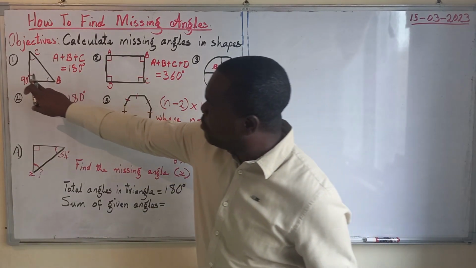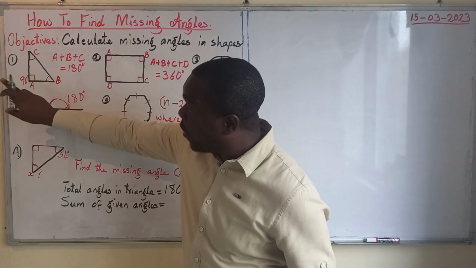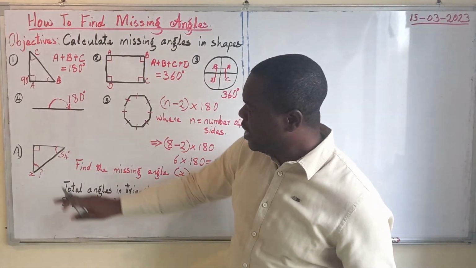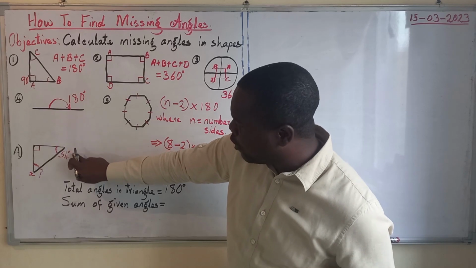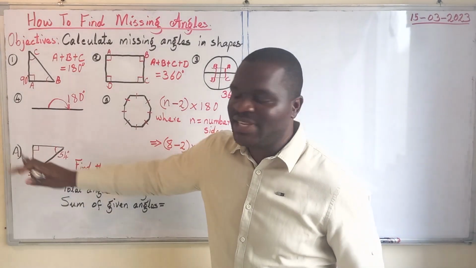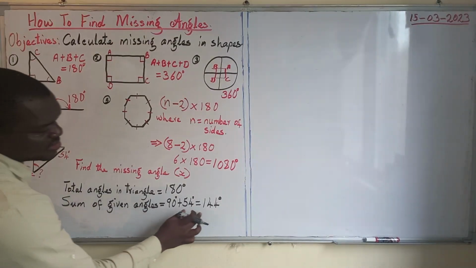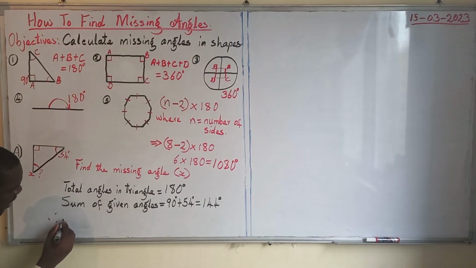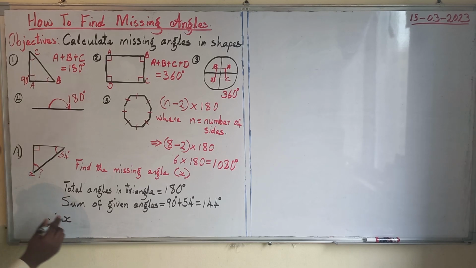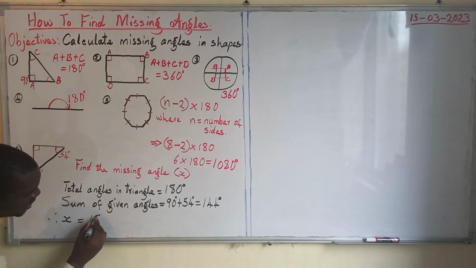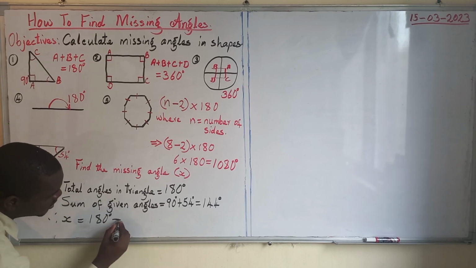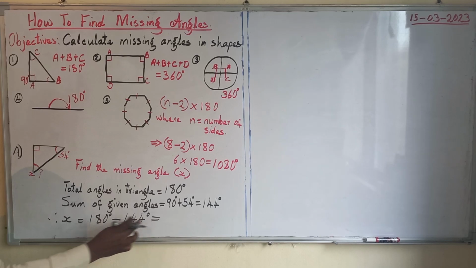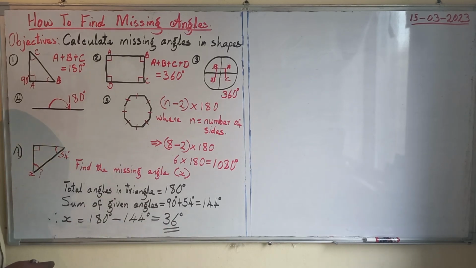So we learned above here that the right angle, wherever you find it, is 90 degrees. Therefore, our given angles will be this 54 plus 90 degrees. So the sum of given angles is 144 degrees. Therefore, x, which is the missing angle, will be equal to 180 degrees minus 144 degrees. And this will give us 36 degrees.